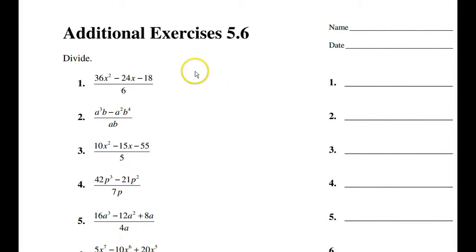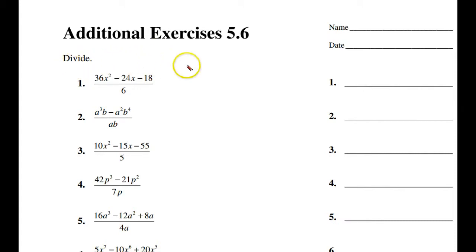This is the last additional exercises that we'll be doing in Math 1103, and it's section 6 of chapter 5. And here we're going to be doing division. And as we've mentioned, as we go along, what we're looking for is strategies.